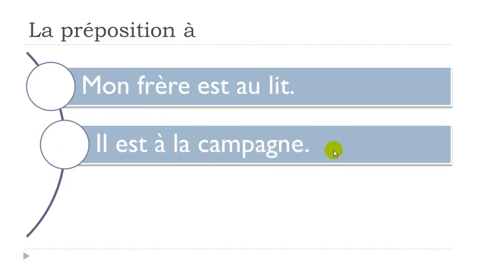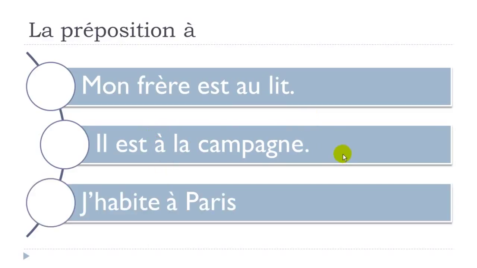Alright, so in that case, we will use this preposition à. And then the last one, if you want to introduce a town, you want to use this habiter, habiter is to live. J'habite à Paris. Alright, you can see we don't put any articles, just the name of the town. J'habite, I live in Paris. J'habite à Paris. Alright, so mon frère est au lit. Il est à la campagne.